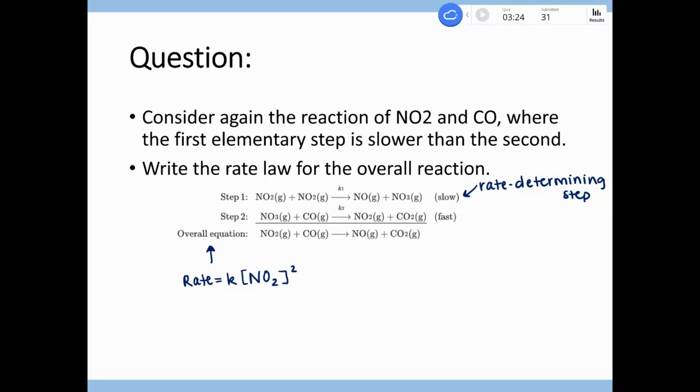Bimolecular reaction. So this is the rate law of the rate determining step, RDS, and that is the rate law of the overall reaction.